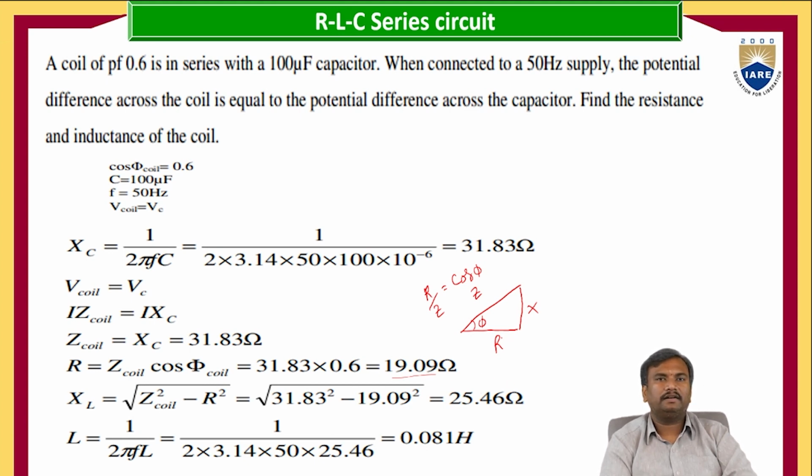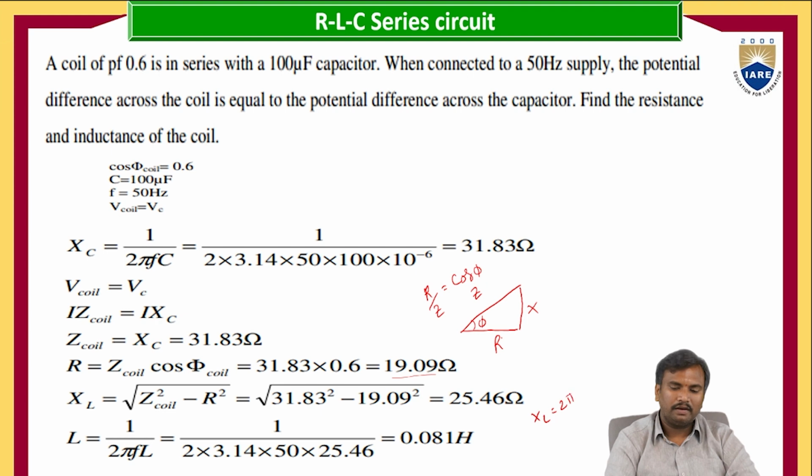And here we got the reactance of the inductor, where we need to calculate the inductance value. So here XL is equal to 2 pi FL. From this L is equal to 1 by 2 pi F into XL. This is not L, this is XL.